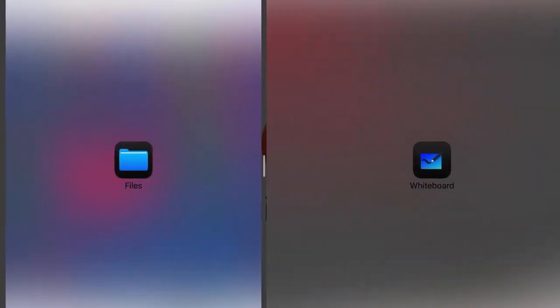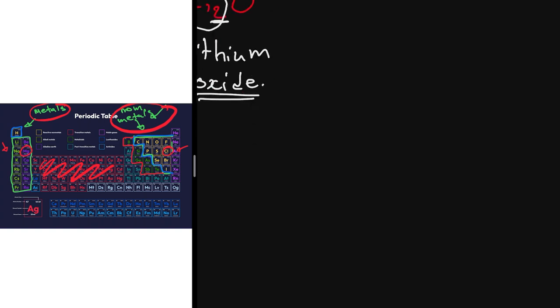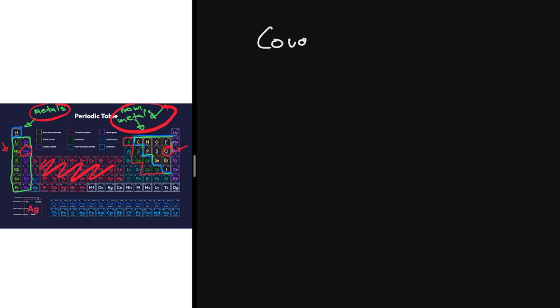So let us now move on to talk about covalent compounds. A covalent compound is also known as a molecular compound. So what is a covalent compound? This is a type of compound whereby we have a non-metal bonding with a non-metal.